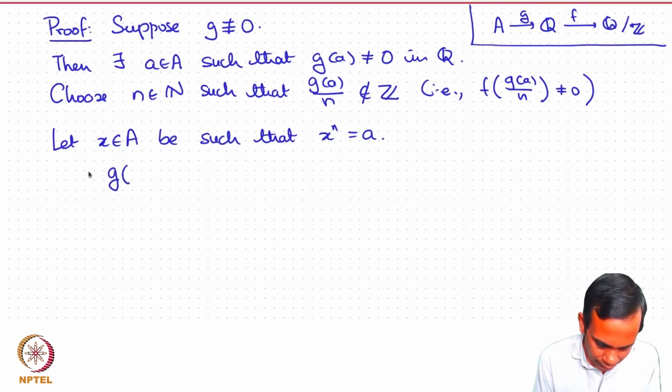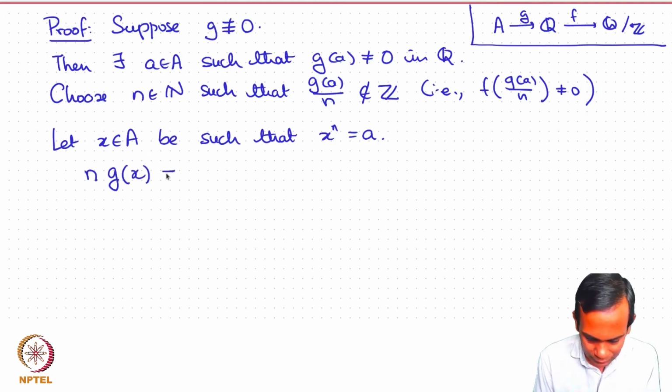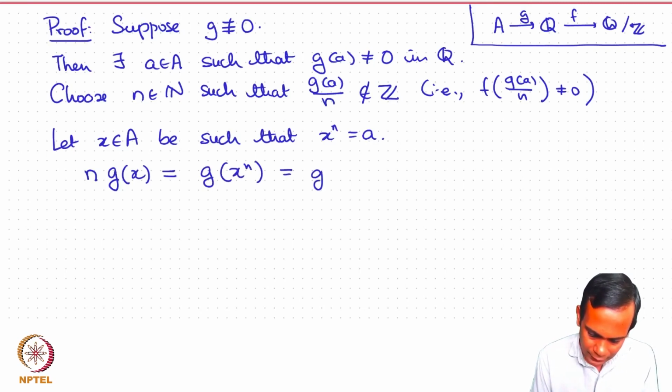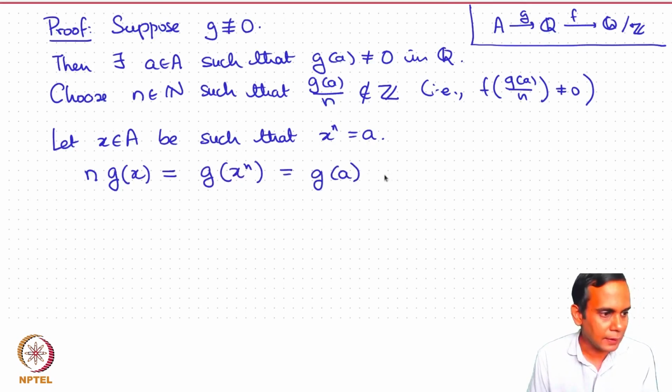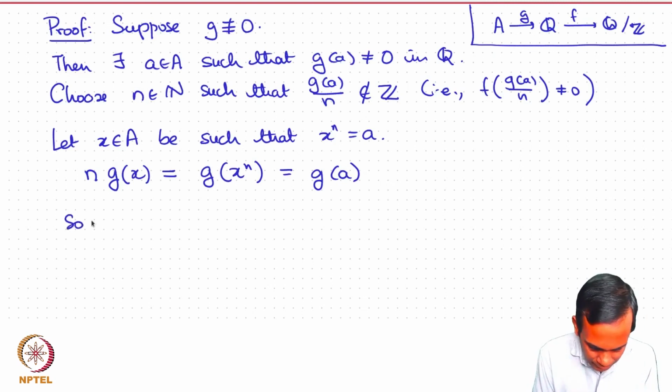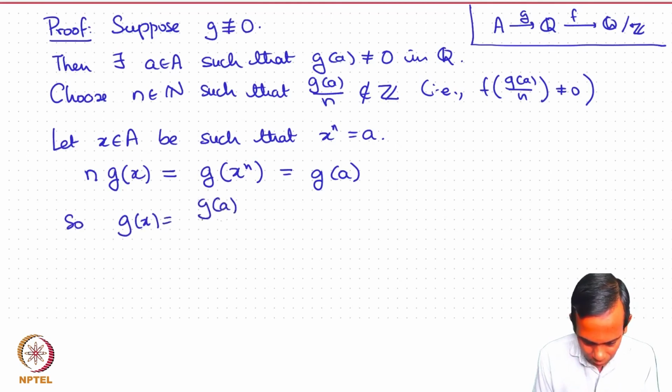So if we look at g of x, n times g of x. Now since g is a homomorphism, this is the same as g of x to the power n, but that is the same as g of A. So that implies that g of x is g of A divided by n.